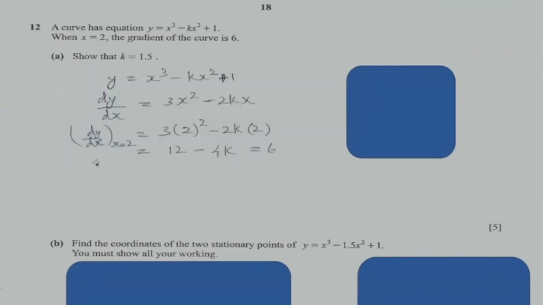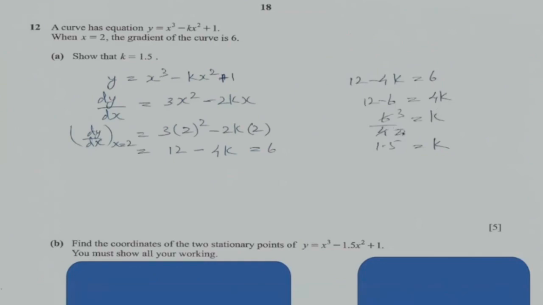When x equals 2, dy by dx equals 3 times 2 squared, which is 12, minus 2k times 2, which is 4k. This gradient is given as 6. So we can calculate k: k is 6 over 4, which is 1.5.